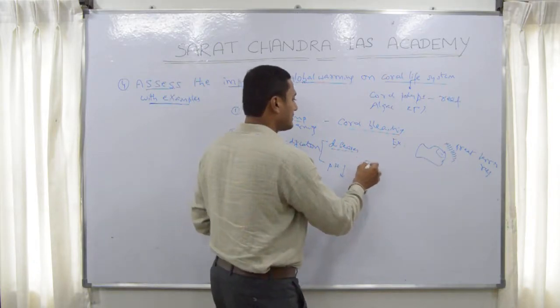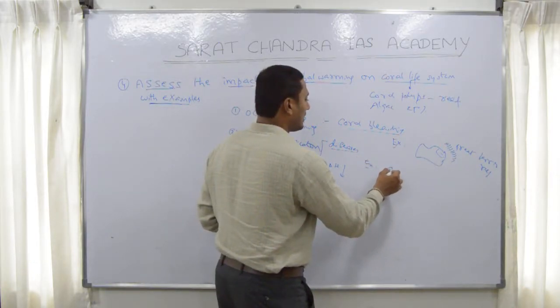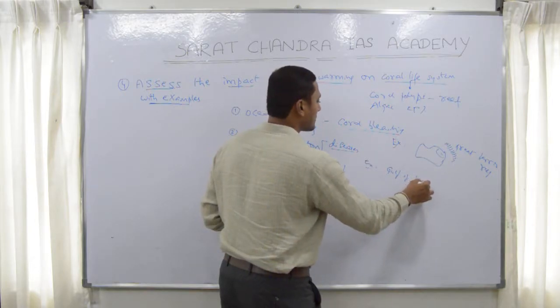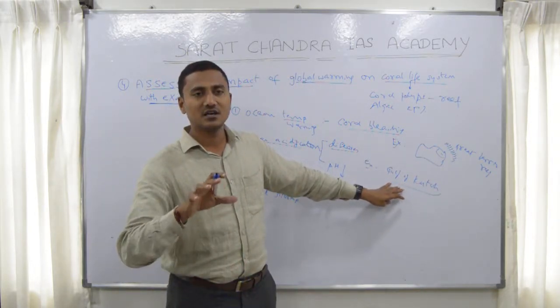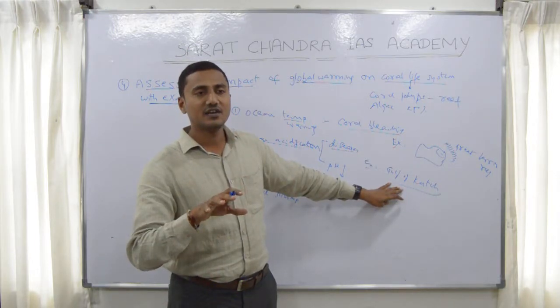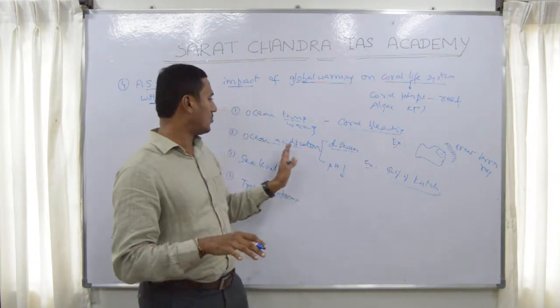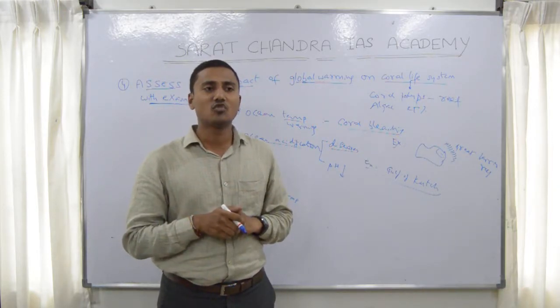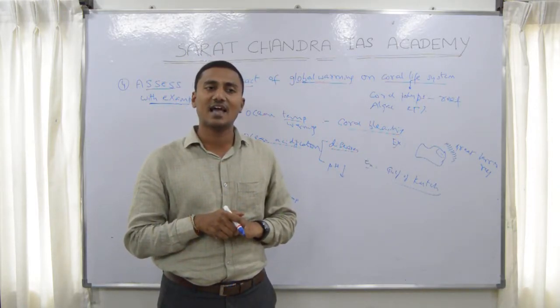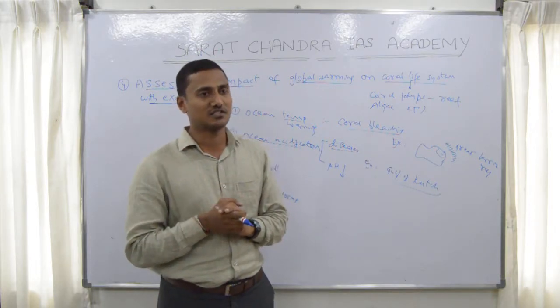So you can say the example of the coral reefs in the Gulf of Kutch. The coral reefs near the Gulf of Kutch are not affected only by ocean acidification. Of course, they are also affected by other anthropogenic polluting activities happening on the coast of Gujarat.